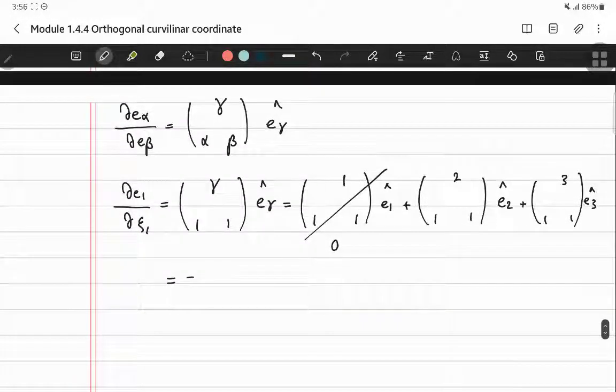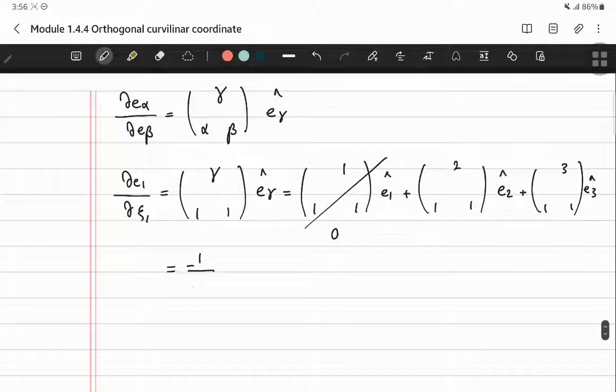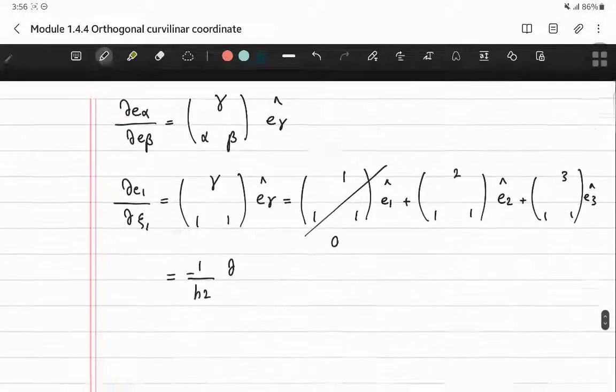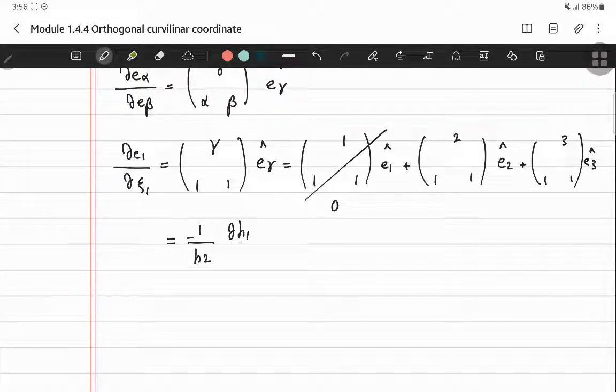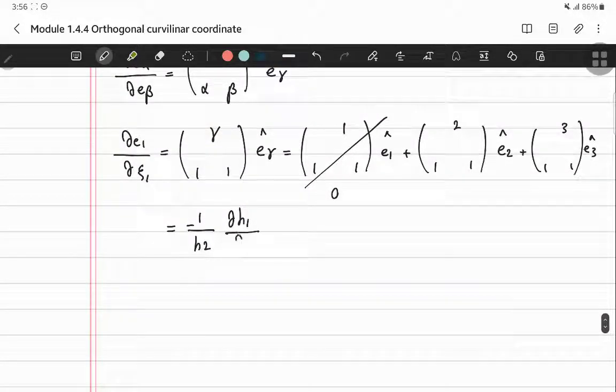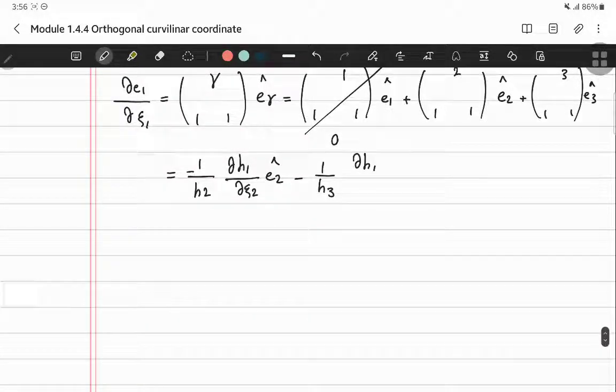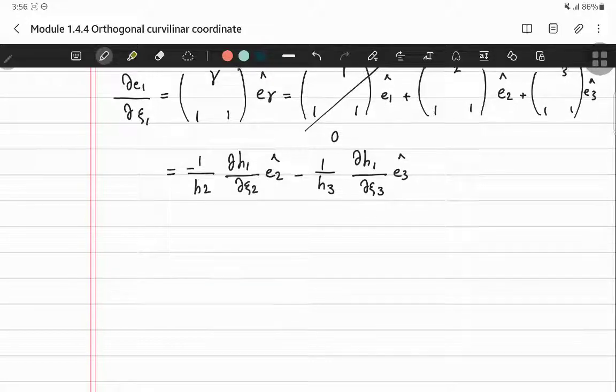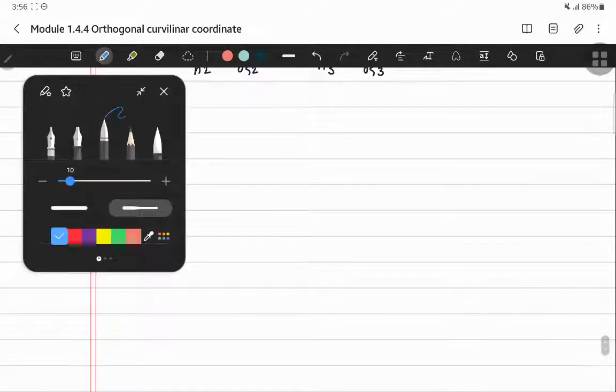So you have minus 1 divided by h gamma. h gamma is h2, partial derivative of h alpha, alpha is 1, with respect to z2 e2, minus 1 over h3, partial derivative of h alpha, so it is 1, with respect to z3 e3.